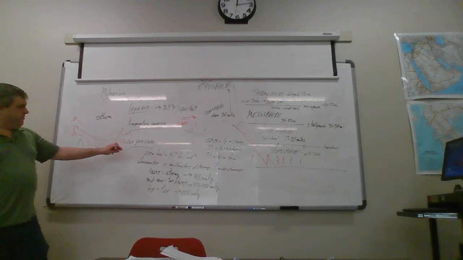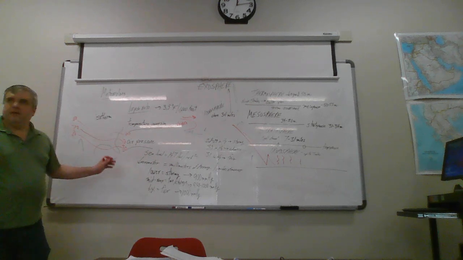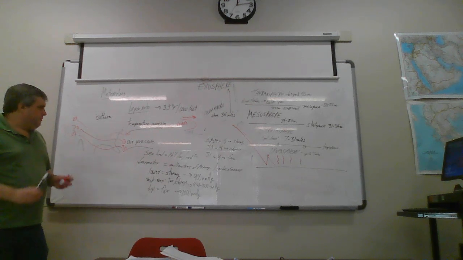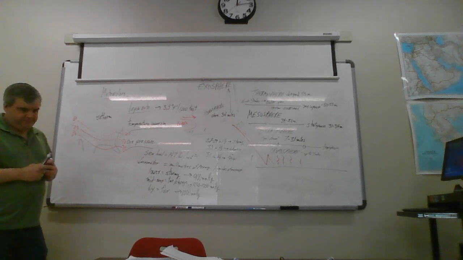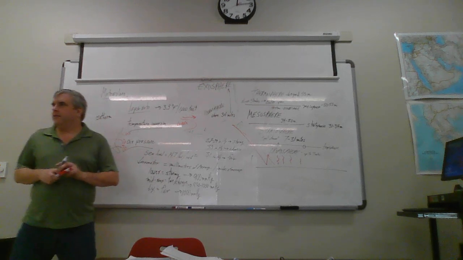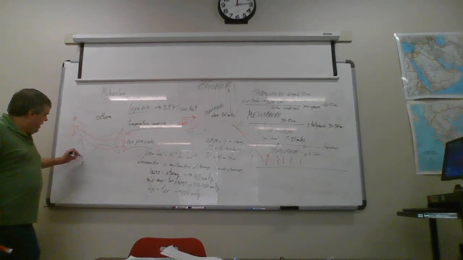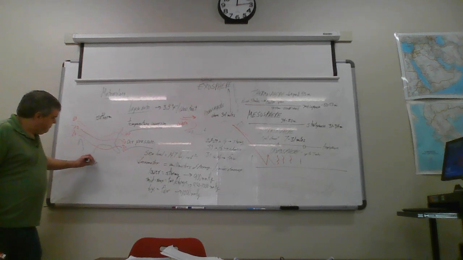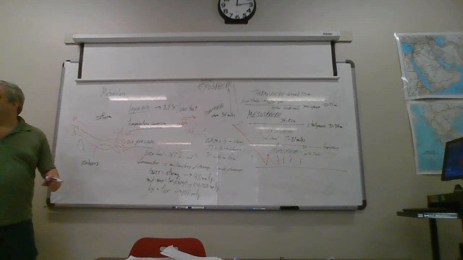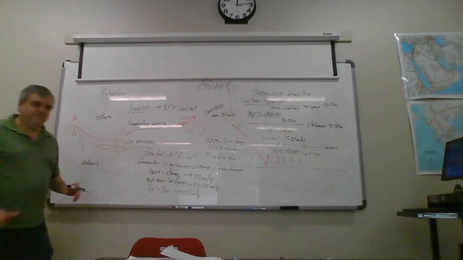These are isotherms. You can see them fairly commonly on weather maps. You also have what they call isobars, which connect areas of common air pressure.